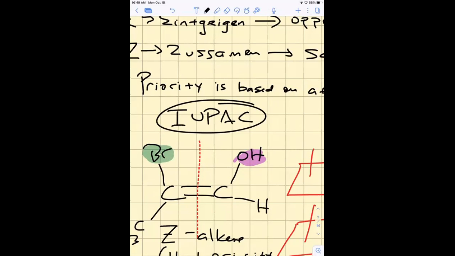The E and Z for tri- and tetrasubstituted alkenes, that's an IUPAC rule. Same as cis and trans. All of that is a part of the IUPAC convention for nomenclature on different compounds.